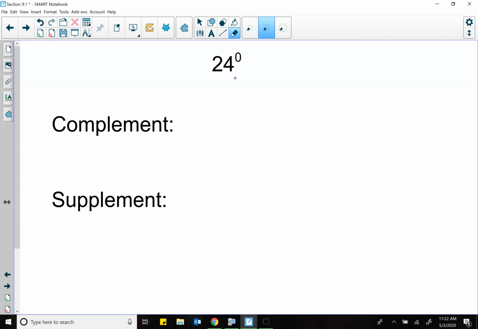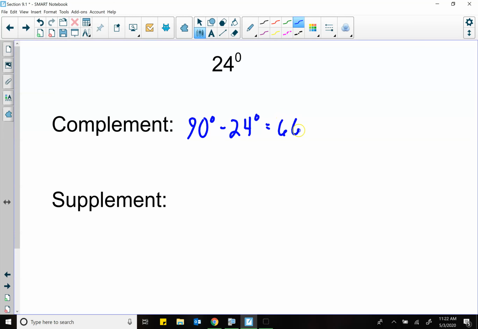Okay, so to be a complement, remember that's 90 degrees. So all you have to do to find the complement angle is take 90 minus 24, and that gives you 66 degrees. So the complement angle is 66 degrees.